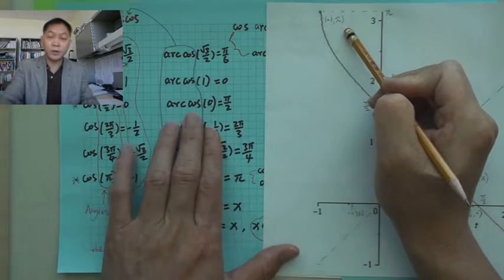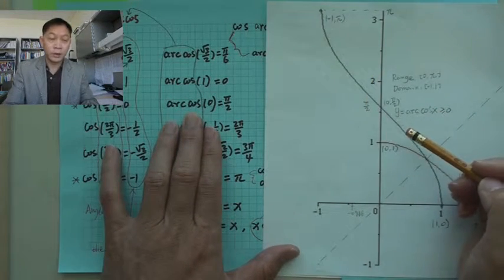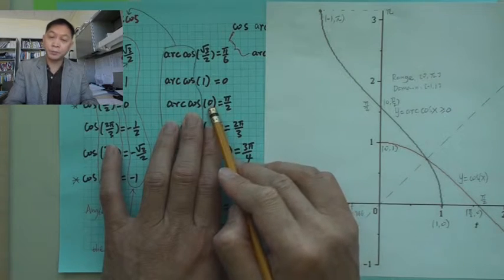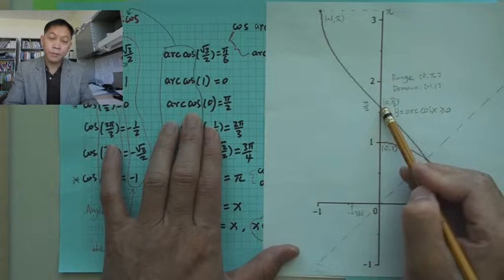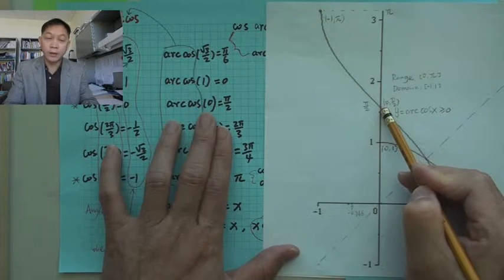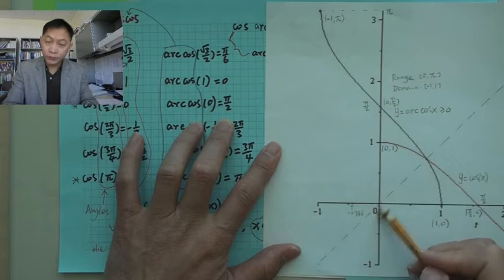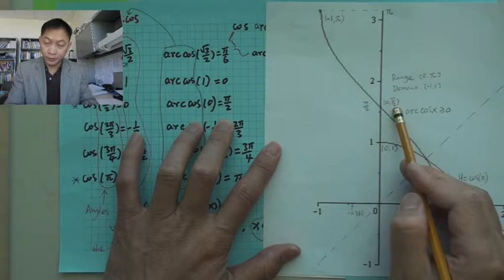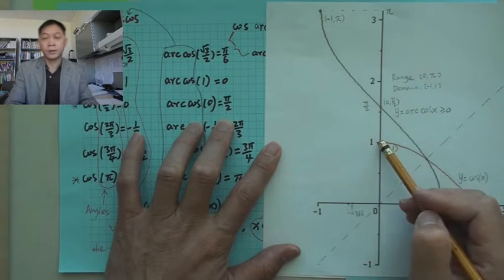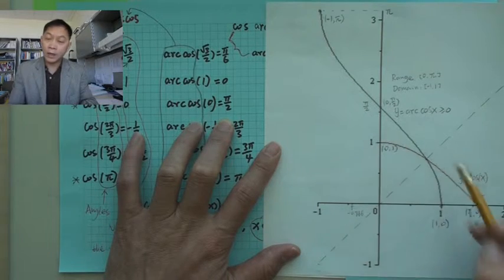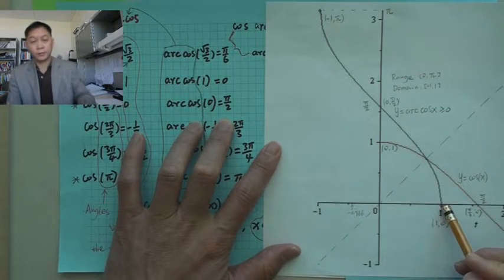Now you check this point. X input is 0, then the output is pi over 2. So at x equals 0, the height is pi over 2. Then how about x equals 1?